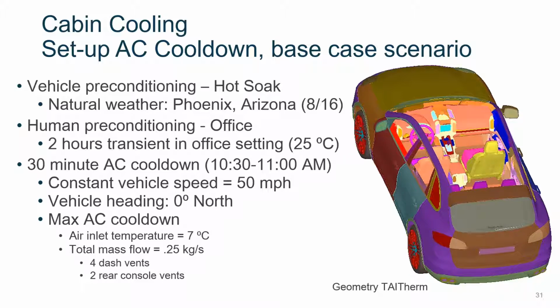And then we're going to simulate the cool down of a hot cabin. So it's a hot soak, the vehicle positioned in Phoenix, Arizona on a hot day. So when the human is entering the vehicle, it's very warm, very uncomfortable. Then you switch on the HVAC, and we simulated a 30-minute cool down.